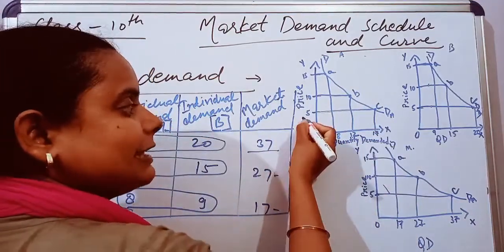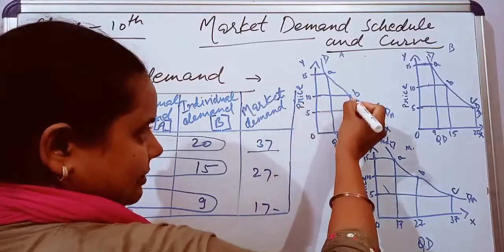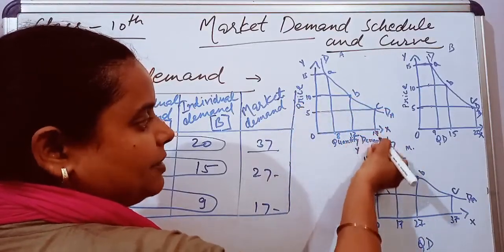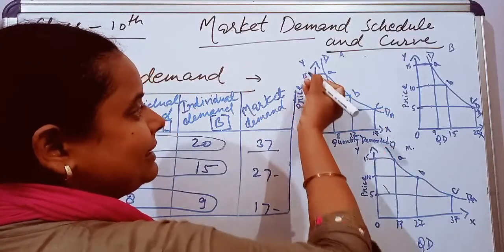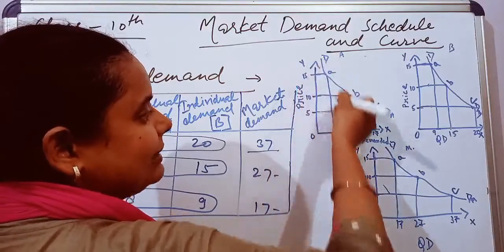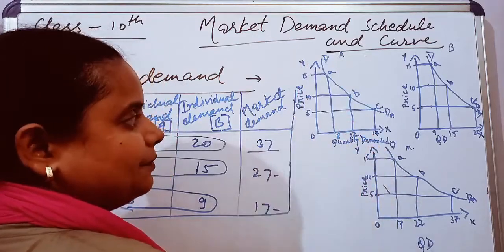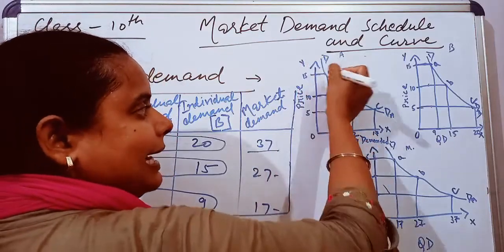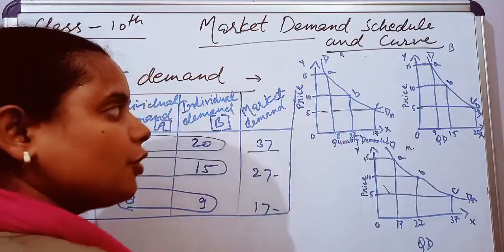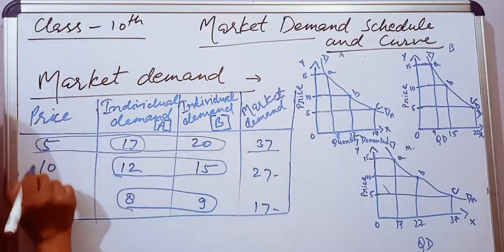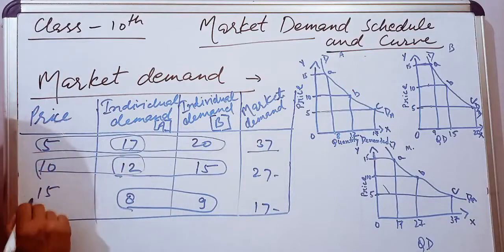When the price increases from 5 to 10, A starts demanding 12. The demand decreases from 17 to 12. When the price increases from 10 to 15, A decreases demand from 12 to 8. So point A, point B, point C shows the relationship between the price and the demand of A.